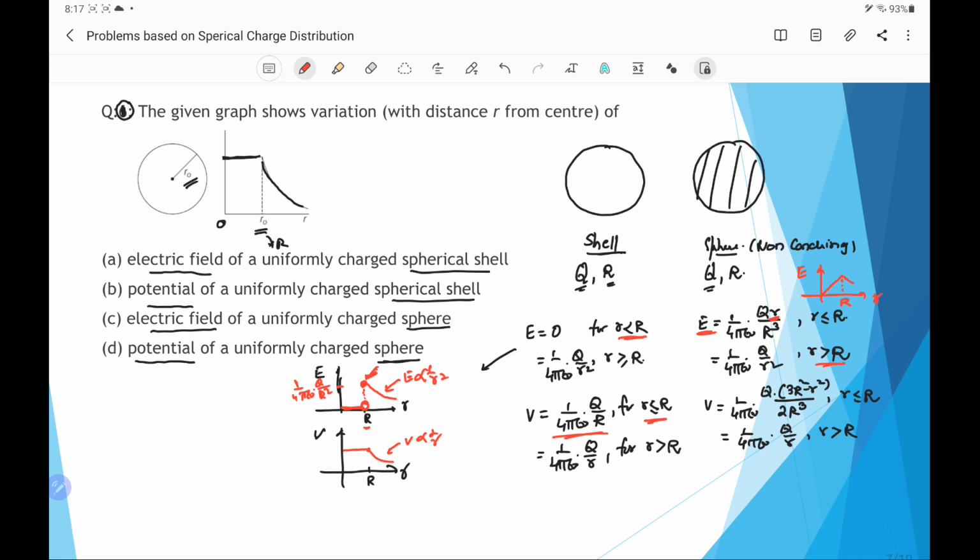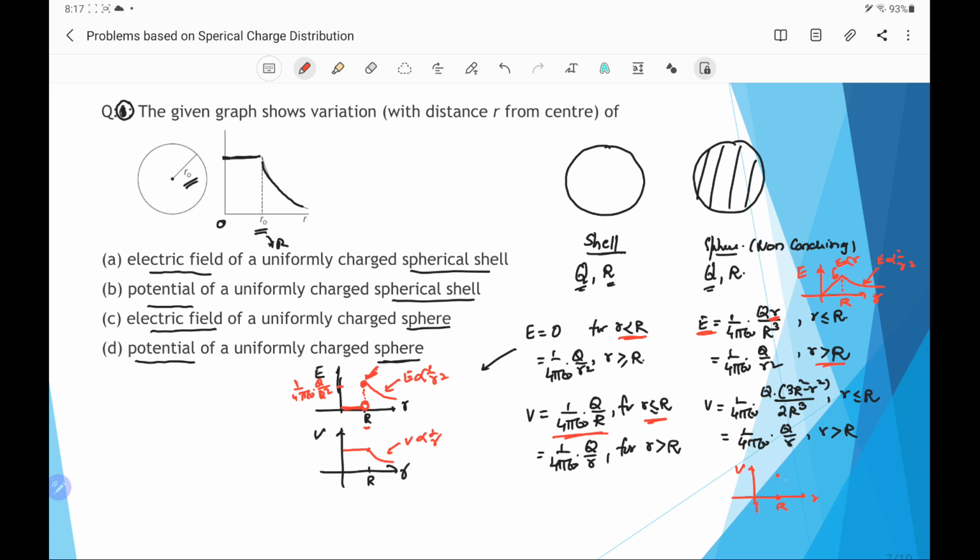So the graph is like this. Here E is proportional to 1 by r square, and in this region E is proportional to r. And for potential, if we draw the graph, this is r, the y-axis is V, and on the axis we take a point that represents the radius of the sphere.